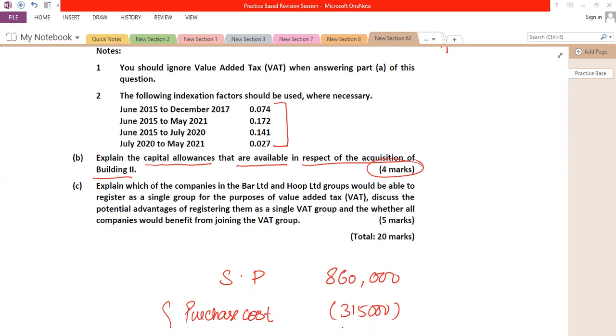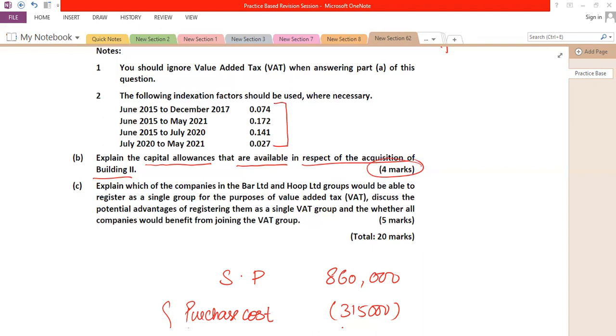You have to offset against the special pool first, because the writing down allowance is only 6%. So in order to maximize capital allowances, it's always advisable to use the annual investment allowance first against the special pool item given in this question, and then on the other assets, right?